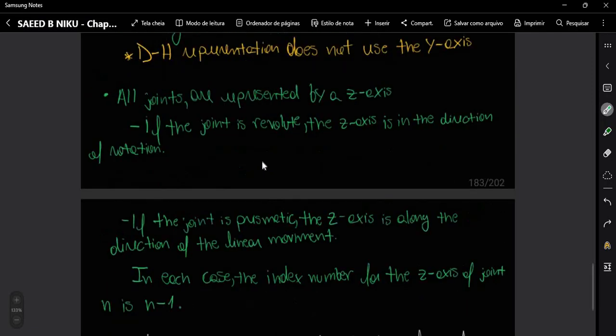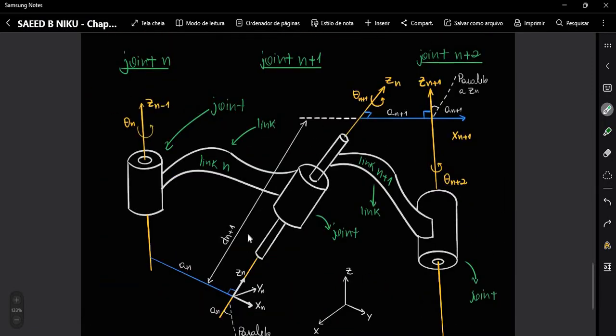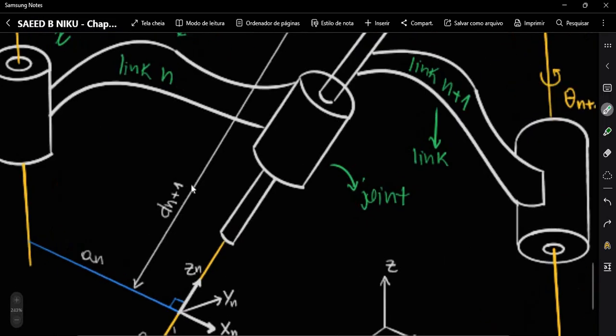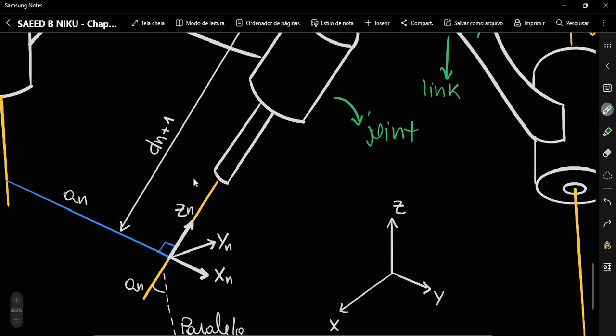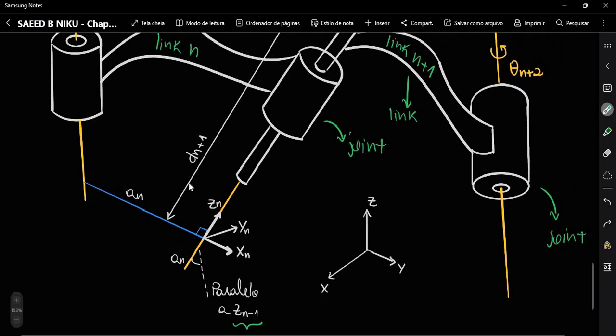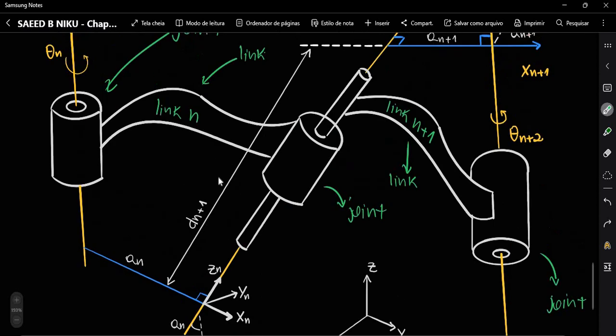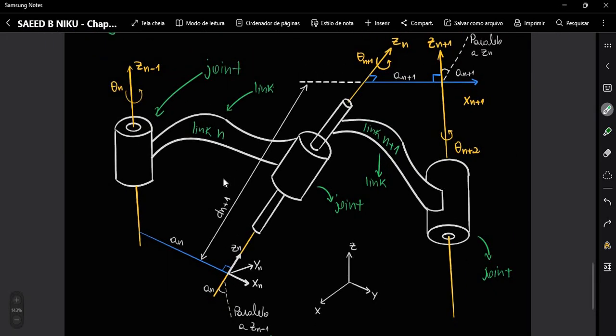And I forgot to mention about this parameter also, d, which is the distance on the z-axis between two successive common normals. So we got this common normal An, we got this other common normal An plus 1, and that is the distance between these two common normals.